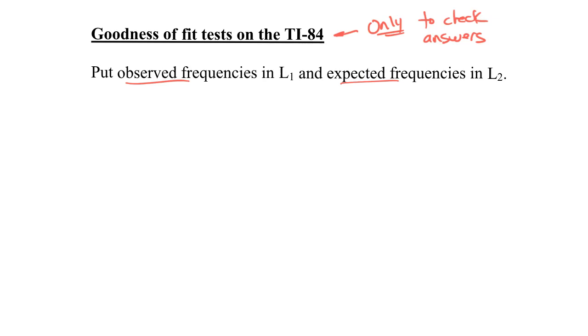We have 6 of them, of course. And then in list 1, we put those numbers that we were given. Okay, so if you're actually doing this in list 1, we're going to have 62, 45, 63, 32, 47, 51. And then in list 2, we're going to have 50 all the way down.